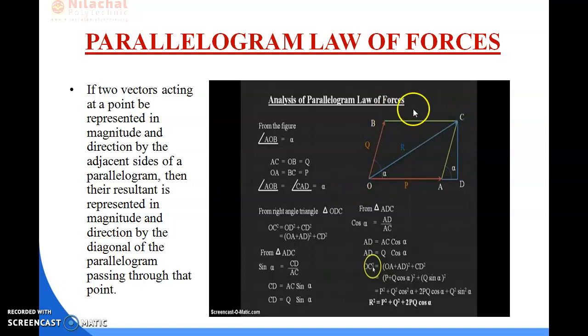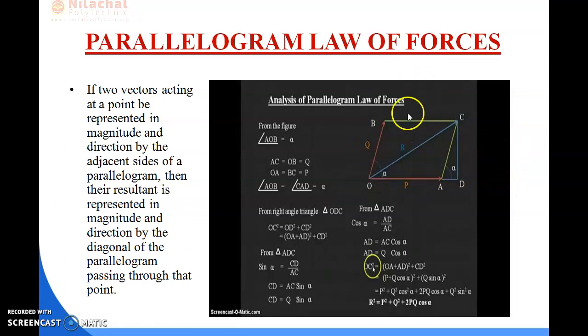In a parallelogram the diagonal will cross in this way. After that we extend the OA line to OD, and from C to D we draw a perpendicular at 90 degrees. The angle Q makes with the P force is alpha, and the angle at point A is also alpha.